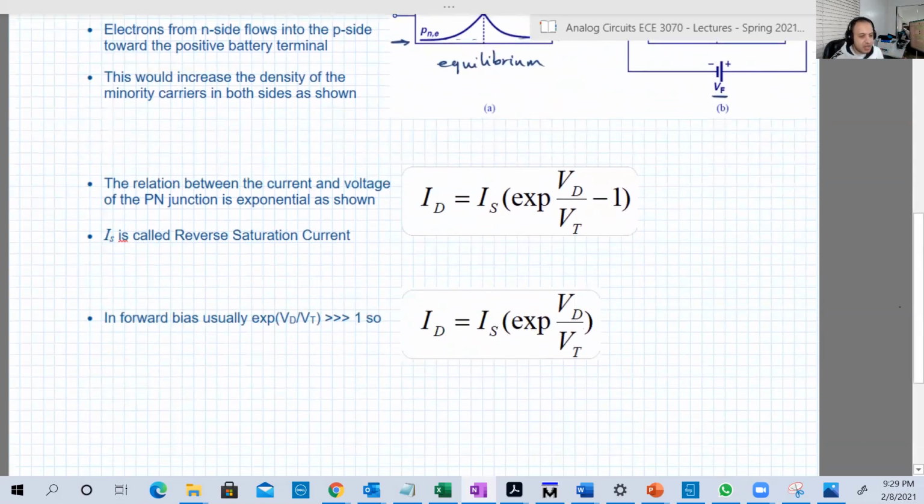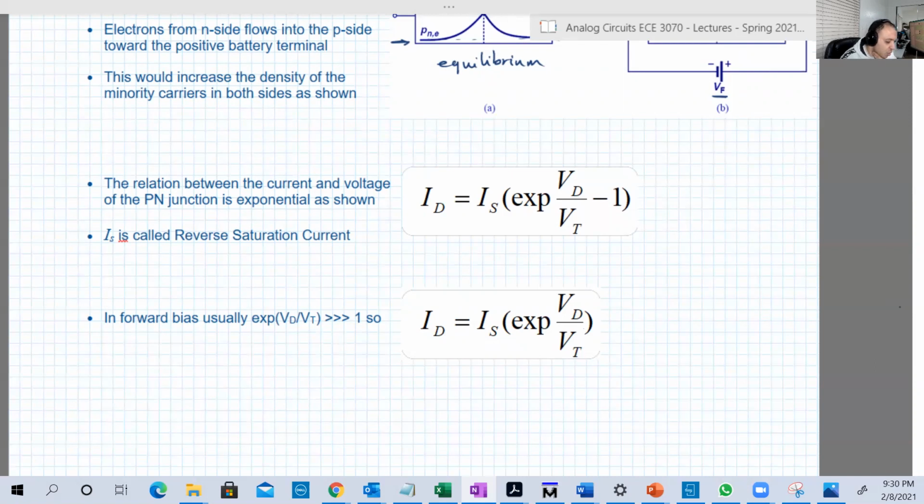Now, there is current moving, greater than zero. And there is also a voltage drop, because any device has internal resistance. So we need an equation that relates the current to the voltage.